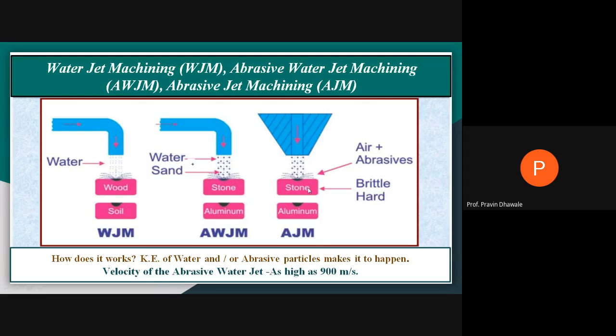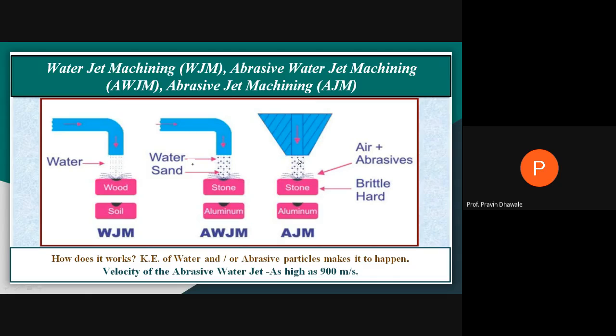In abrasive jet machining, we are not providing only water. We are providing certain abrasive particles plus air or inert gas. The mixture of air plus abrasive passes through this nozzle. At the tip of the nozzle, we get a high velocity abrasive air jet, right?